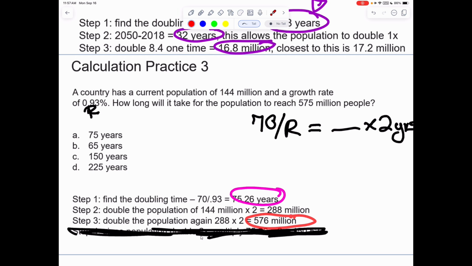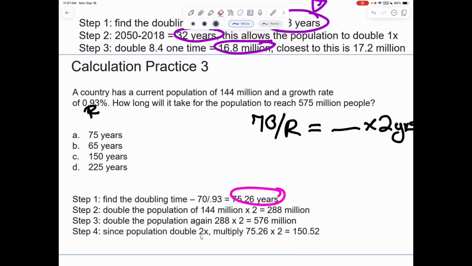Now we get 576 million, which is very close to my 575 million. So because it took 2 of those doubling periods, I'm going to take my 75.26 years, my doubling years, and multiply that by 2 to get my answer. So our answer here is C.